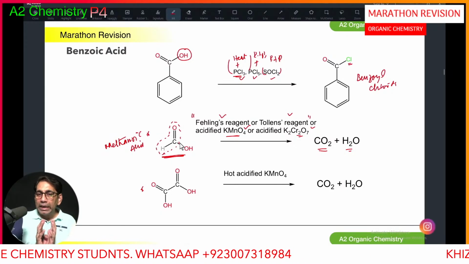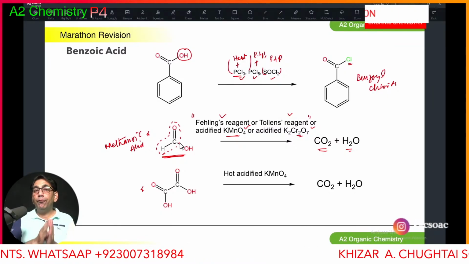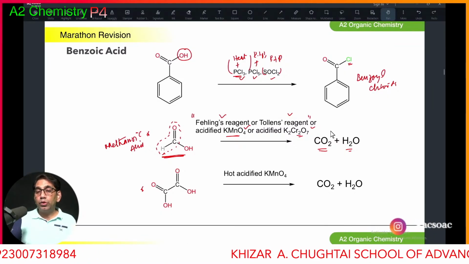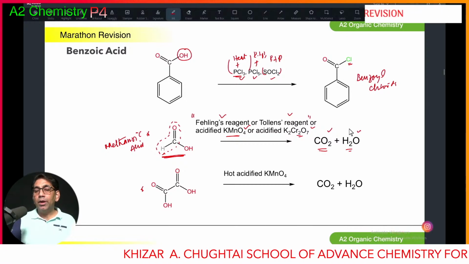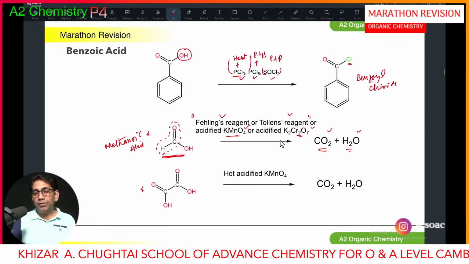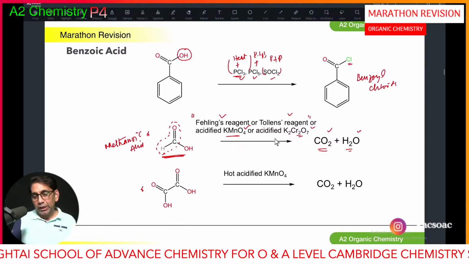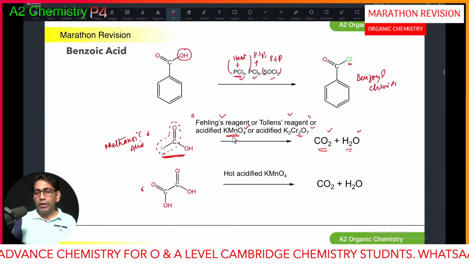So methanoic acid can be oxidized into carbon dioxide and water using any of these four reagents. The strongest one is KMnO4.